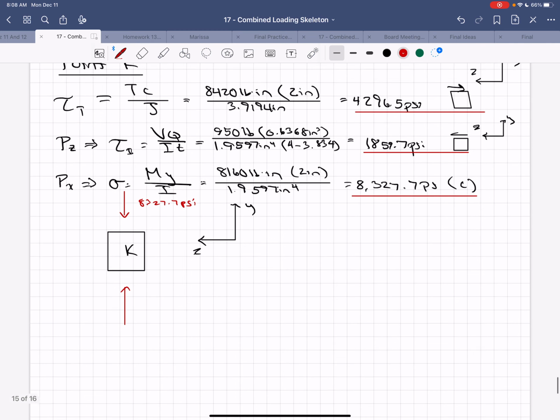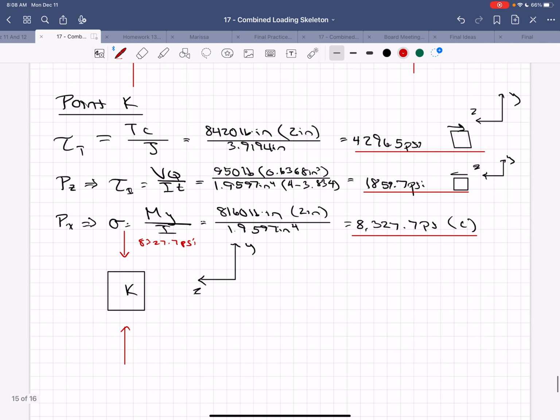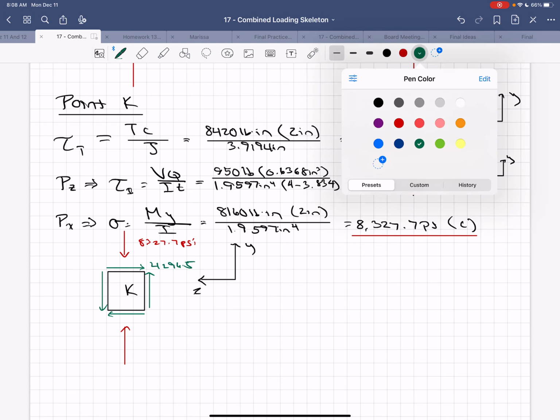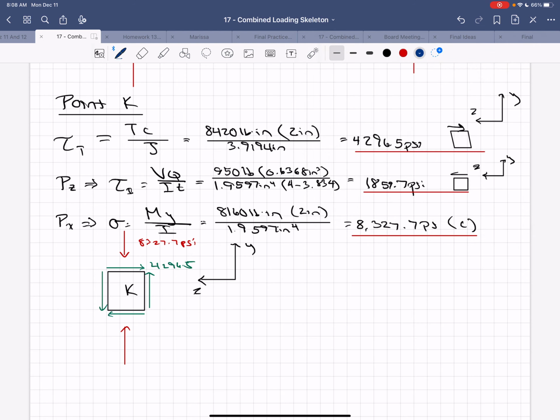Then we have two shear stresses that are going in opposite directions. We have the shear stress from torque going this way. That is 4296.5. And then we have the shear stress from bending, opposite orientation.